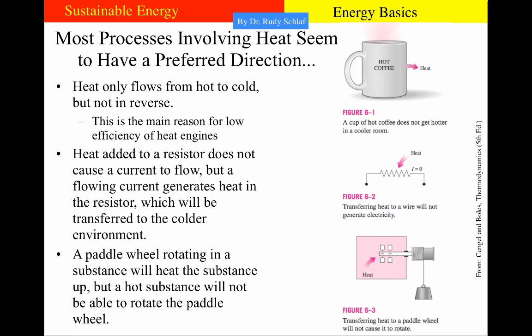Okay, now we know that heat transfer has a preferred direction. It only goes from hot to cold and not in the other direction. Now if we look at other processes that involve heat, they all seem to have a preferred direction. Here are two examples. One is passing a current through a resistor.